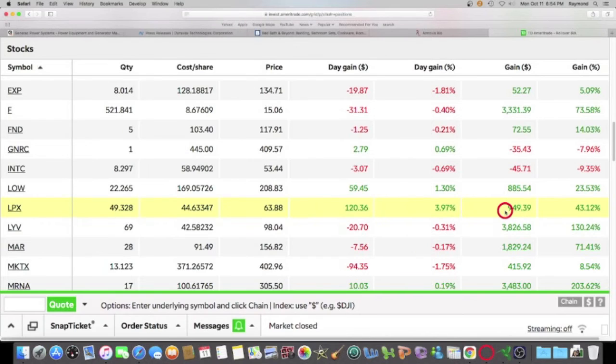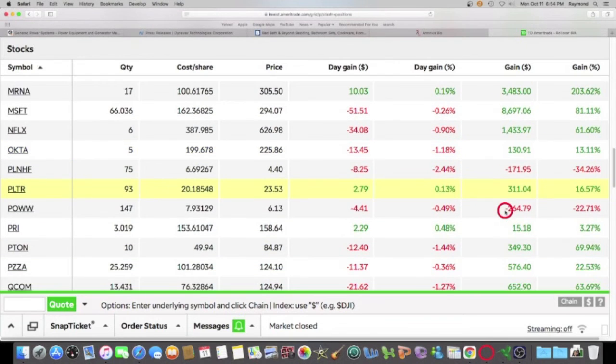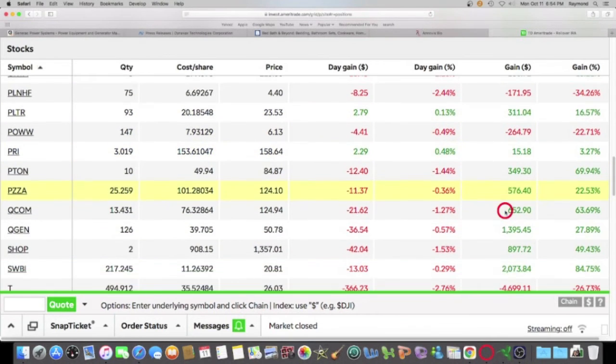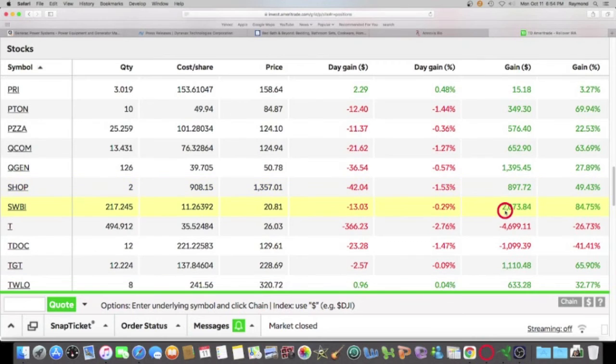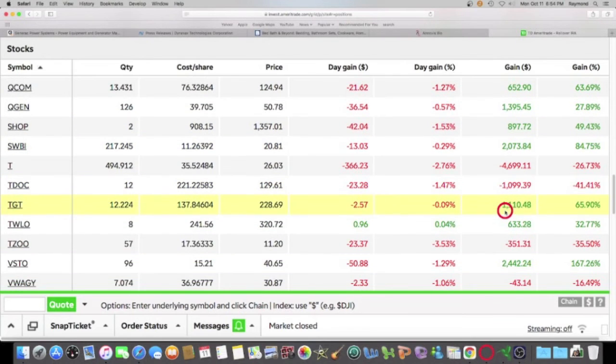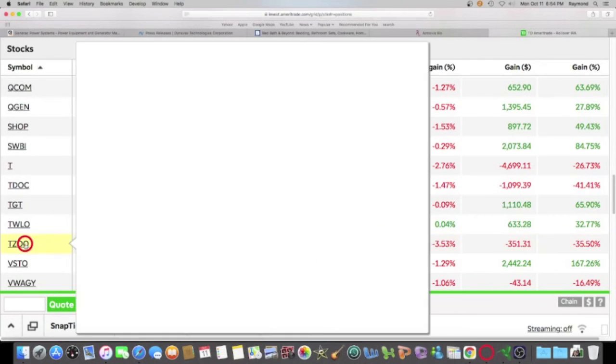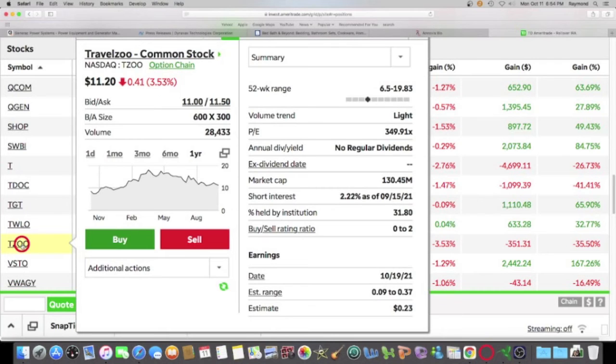And my least performing stock of the day is, let's go down here. And I would think this stock would be doing a lot better, but it's not. It is right here. I am down 3.53%. I lost over $23 a day. The stock ticker is TZOO. This is Travel Zoo.